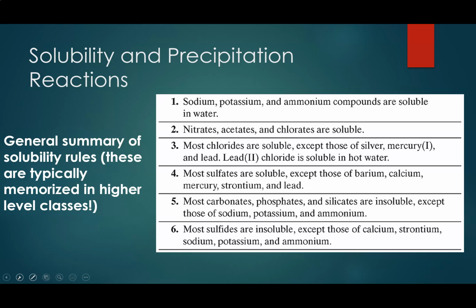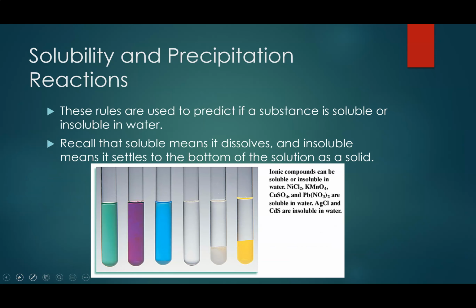So these are just the general rules that tell us why things will dissolve or not dissolve when they hit water. And when we talk about solubility, one of the things I really want to point out is when we say something is soluble, that means it dissolves in water.